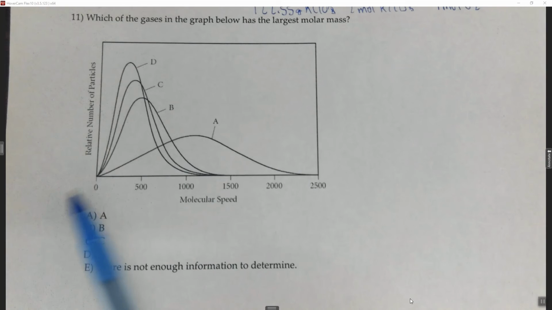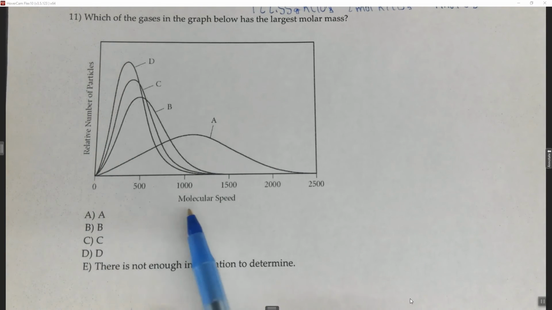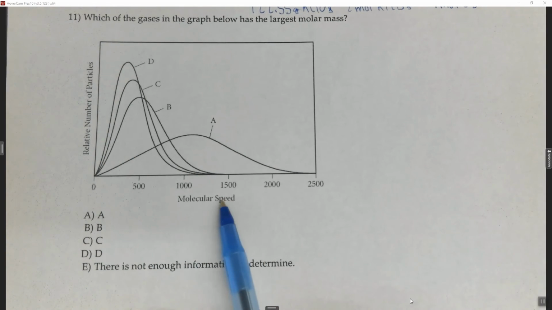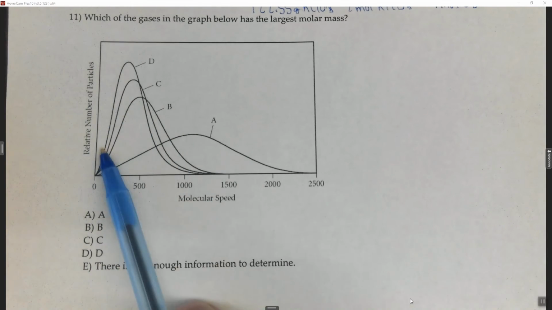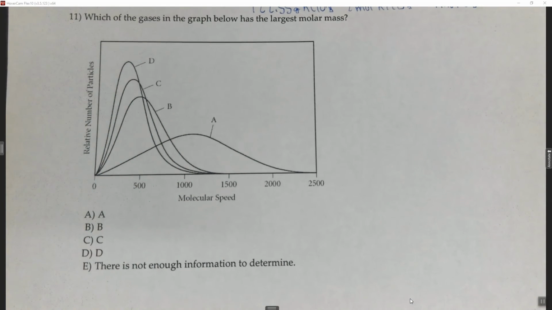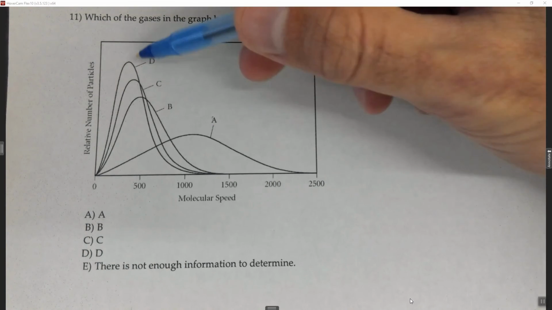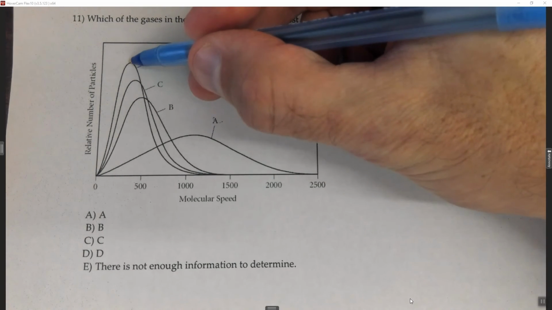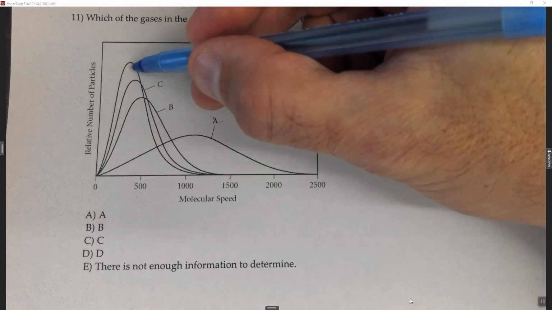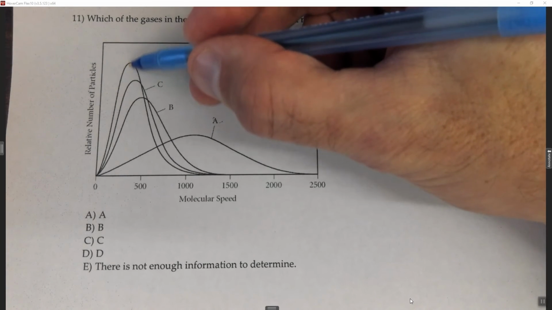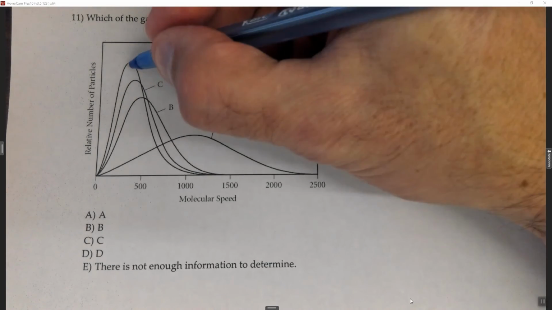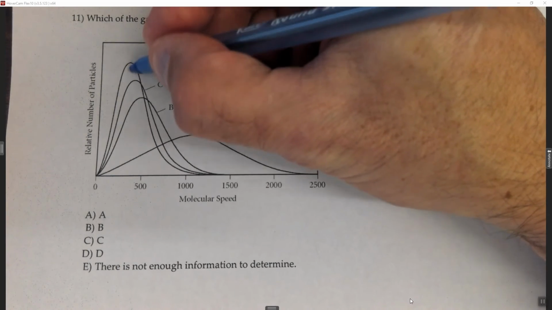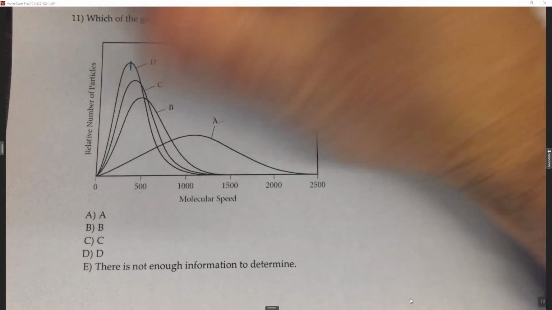Okay, so when you get a graph, the first thing you want to do is, of course, read the axis. So this is molecular speed, all right, and this is number of particles. Okay, so basically, you can see 2 things from this graph. Let's compare D to A because they're at the extremes. For D, you could see that the top of the graph, which is technically not the average, sometimes I call this the average, this is the mean squared speed, but this is effectively the most common speed for D is here.